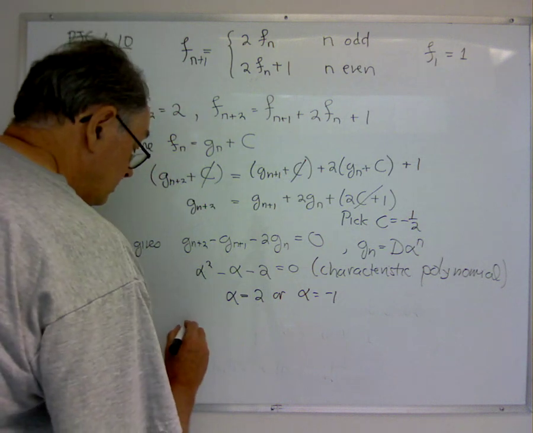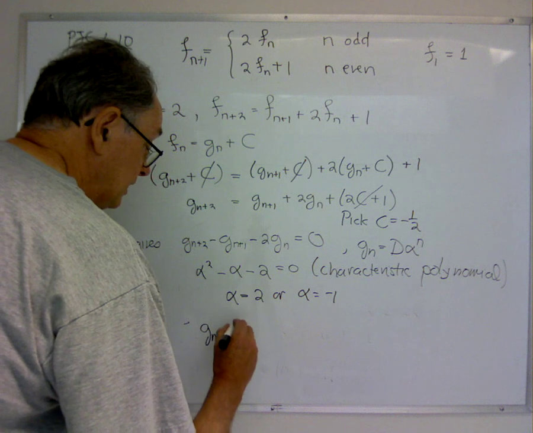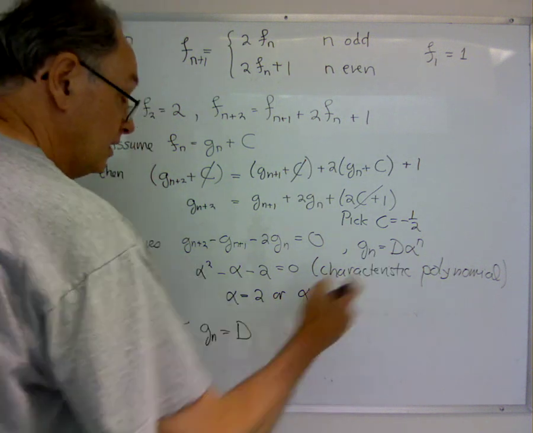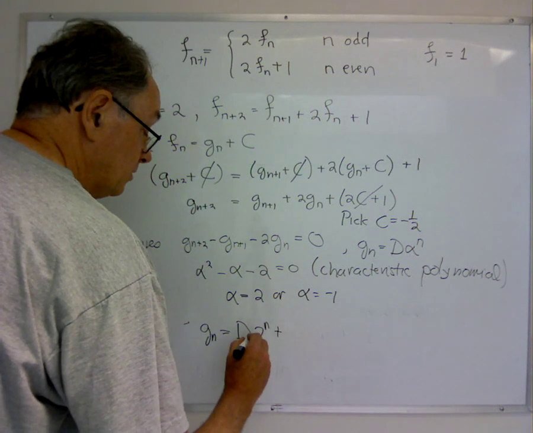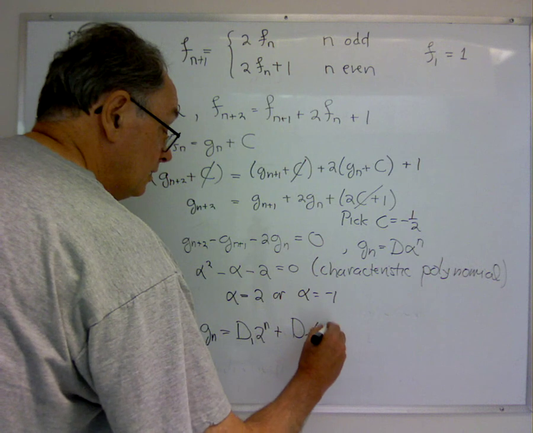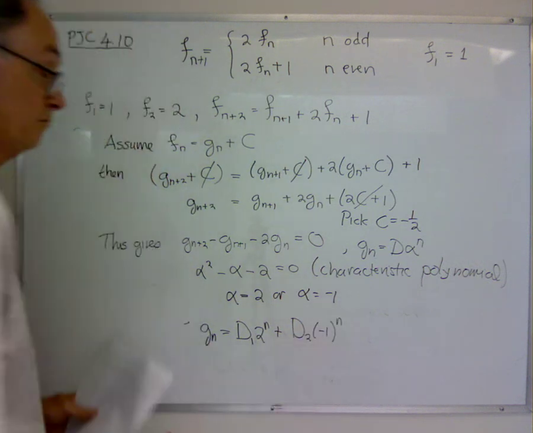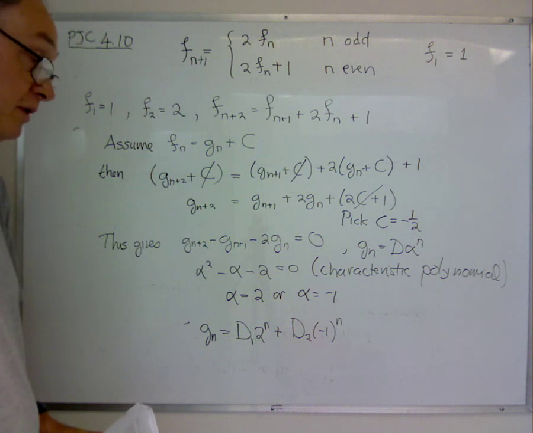So let us say g_n is therefore equal to d1 times 2 to the power n, plus d2 times minus 1 to the power n. Right, so that is the linear combination of the two possible solutions.